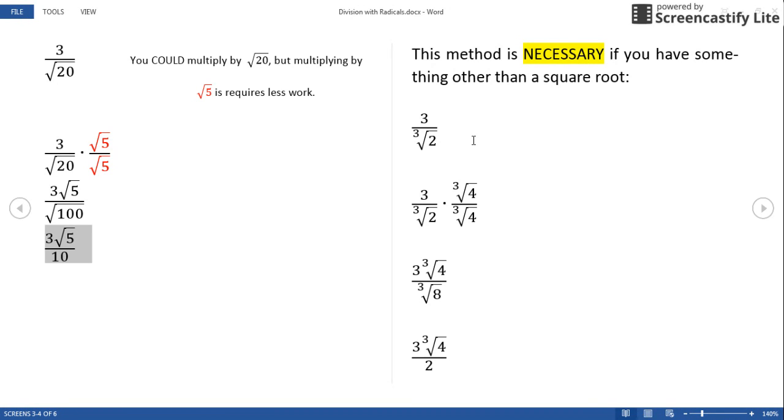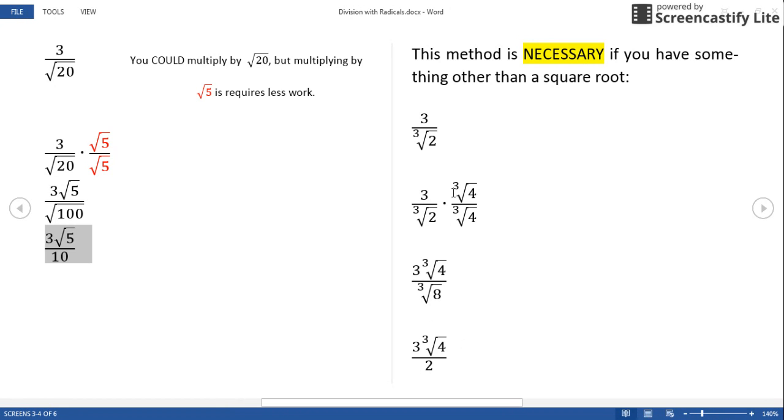So I've got to think of something to do here to the bottom that'll turn it into a perfect cube. If I multiply both top and bottom by the cube root of 4, now we can create our perfect cube. The cube root of 2 times the cube root of 4 gives me the cube root of 8, which simplifies nicely to be just 2.